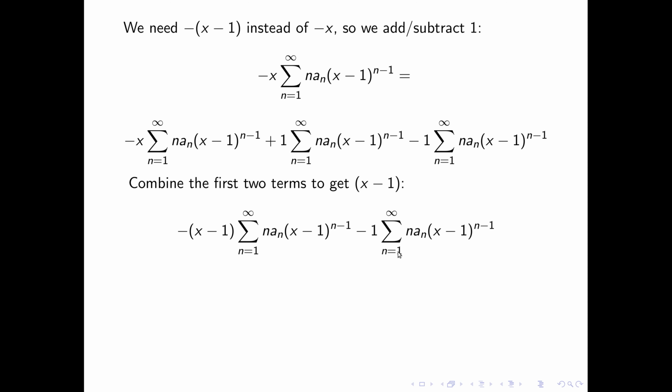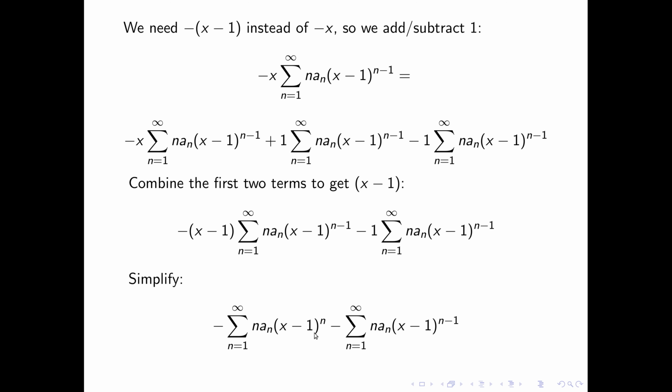Good. And now this I can bring in, like I said, that was our goal, bring this x minus 1 into the sum, so this now becomes just an x minus 1 to the n power, and again this just drops down. Okay, so what I've done is I've converted this one term of the sum into two terms of the sum.